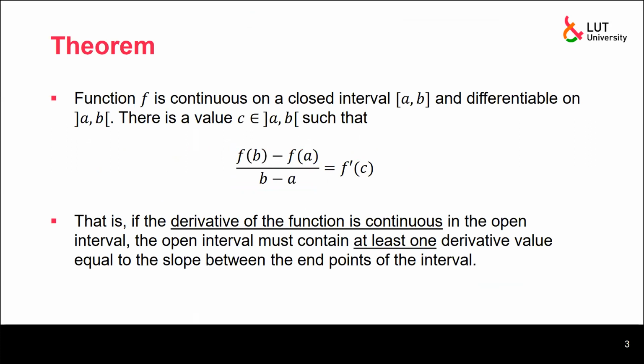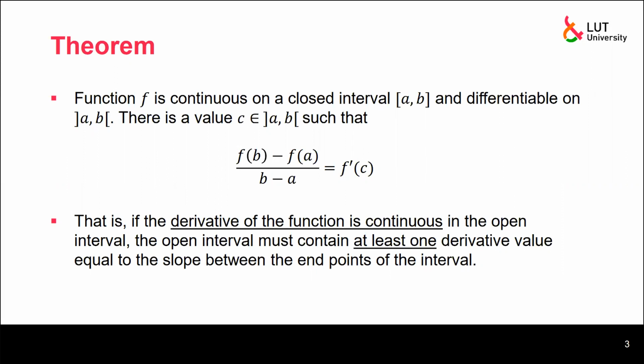Okay, this is the theoretical way of putting it. The function f is continuous on a closed interval from a to b, and is differentiable on the open interval a to b. There are a few different notations for marking whether the endpoints of the interval are included or not.